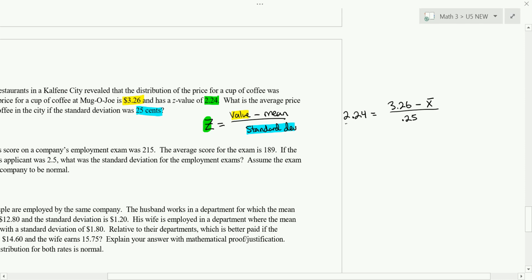To solve this, I will make a proportion, cross multiply here, and I get 3.26 minus x bar is equal to 0.25 times 2.24.